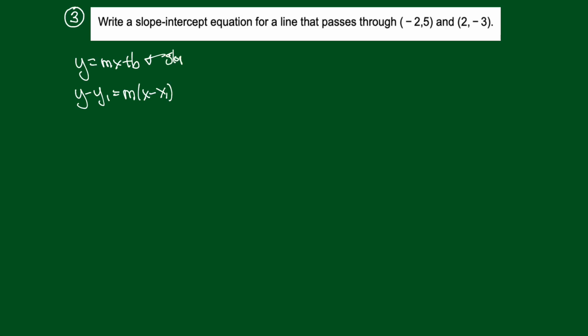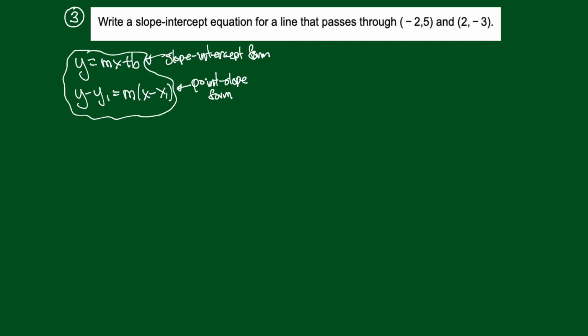This is the slope-intercept form. And this bottom one is called the point-slope form because you're given a point, x1, y1, and the slope. All right, so these are the two templates that we're always going to use. So as soon as I see write the equation of a line, I'm thinking these two templates.